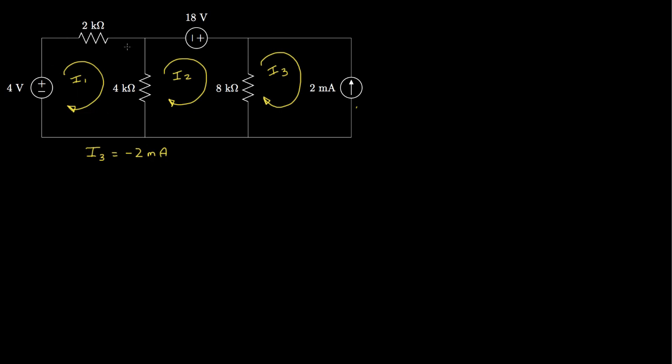So let's write the equation for this first loop. Well, we'll start here. The first thing we'll encounter is this 4 volt source, and we encounter it from the negative side, so we'll write that as a negative 4. Then we'll go and look at the drop across this resistor. That'll be 2,000 ohms times I1.